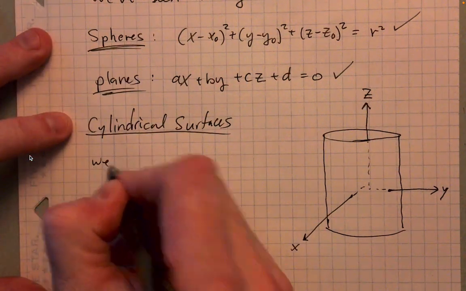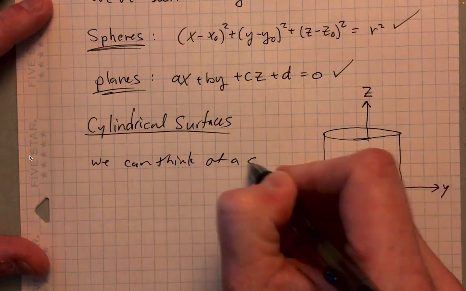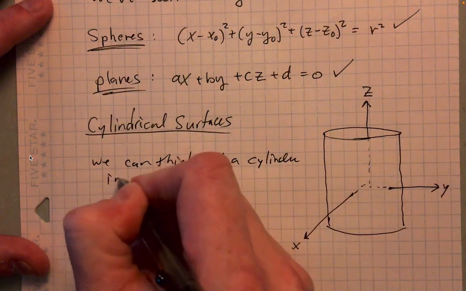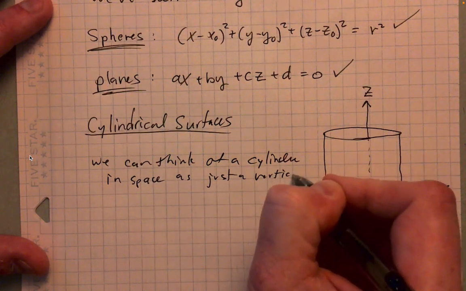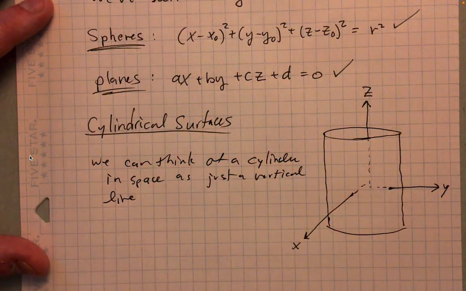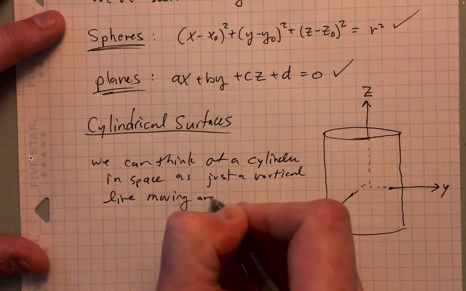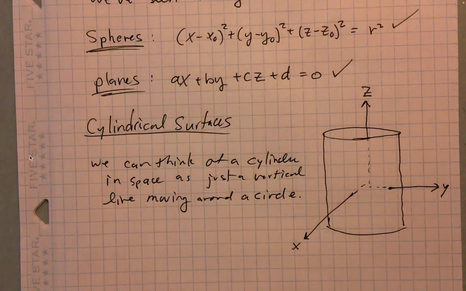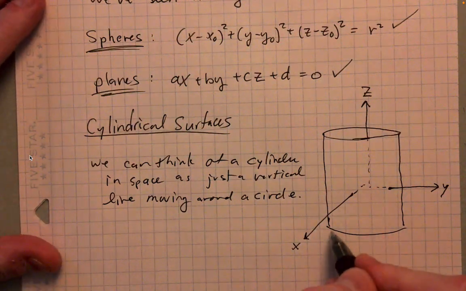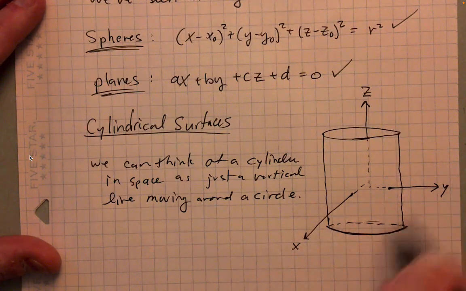In the most simplistic kind of cylinder, you've got some kind of a circle down here, and let's imagine this circle lies in the XY plane.